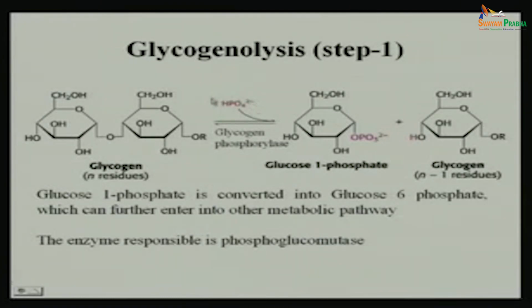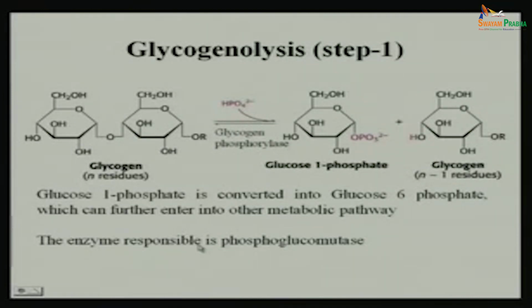In the presence of orthophosphate and glycogen phosphorylase enzyme, this inorganic phosphate occupies the first position and glucose 1-phosphate is produced, and n-1 glycogen residues are remaining. Glucose 1-phosphate is converted to glucose 6-phosphate, which can further enter the metabolic pathway.